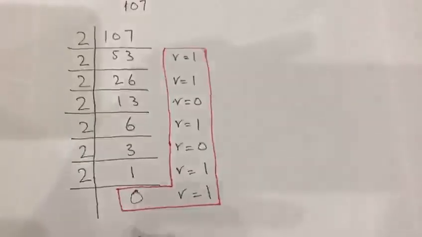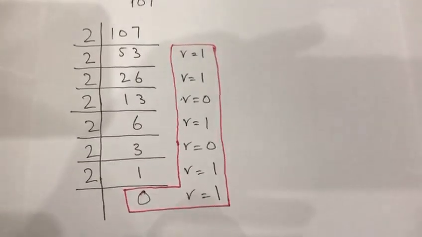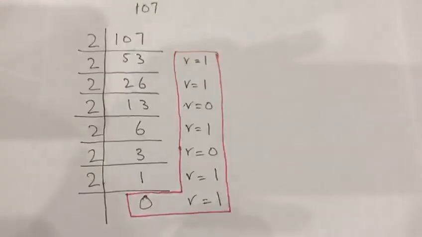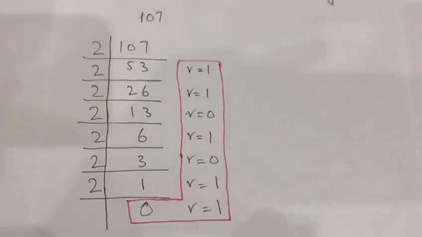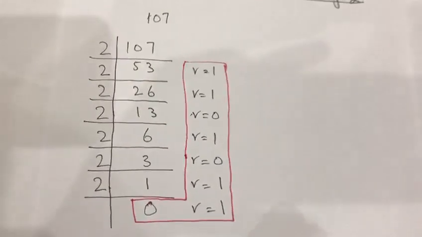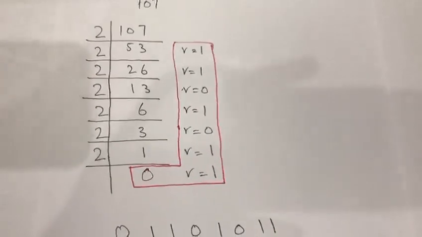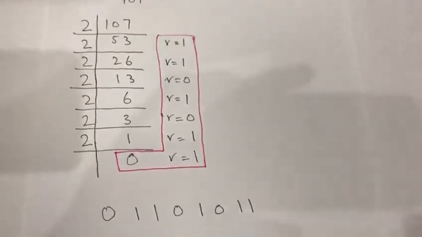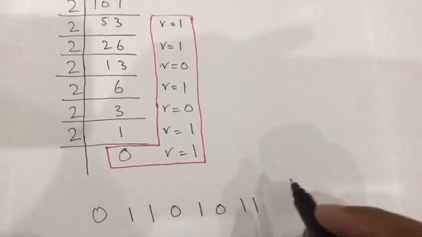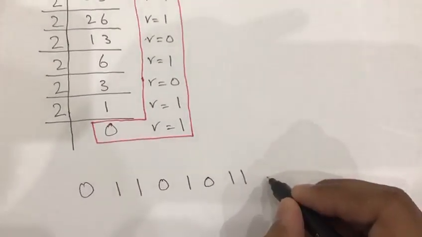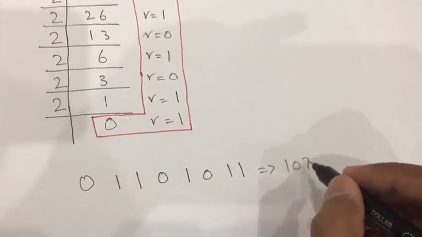So take it from the bottom, that would be 1, 1, 0, 1, 0, 1, 1. So the combination of these binary digits would make the denary number which is equivalent to 107.